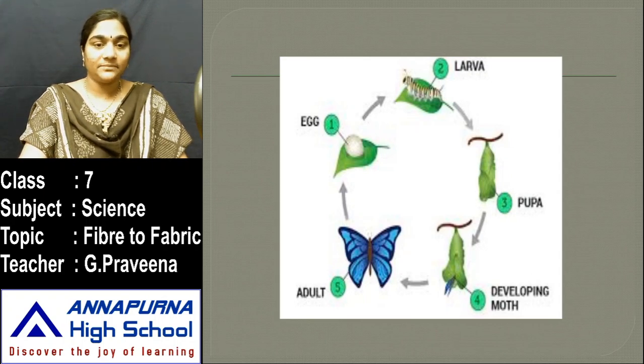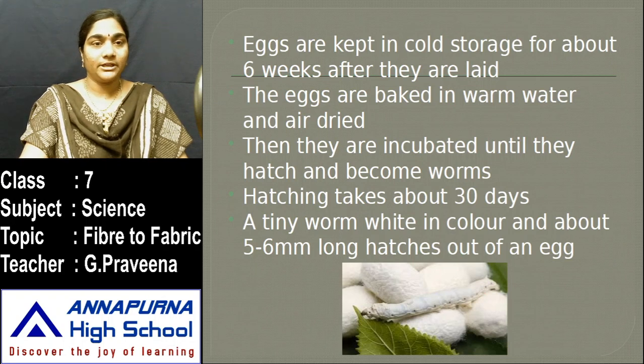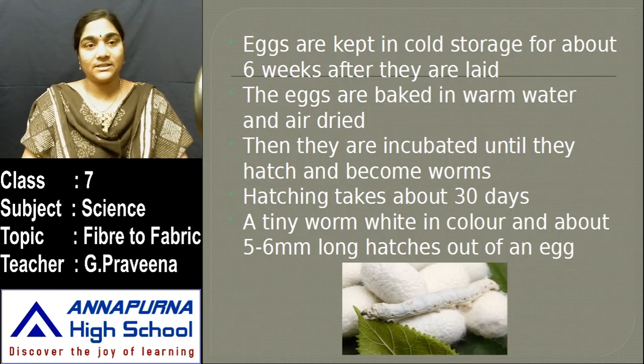Now let us see the processes involved in silk production. After the adult female silk moth lays the eggs, they are kept in cold storage for about 6 weeks. Then these eggs are baked in warm water and air dried, and then they are incubated until they hatch and become worms.